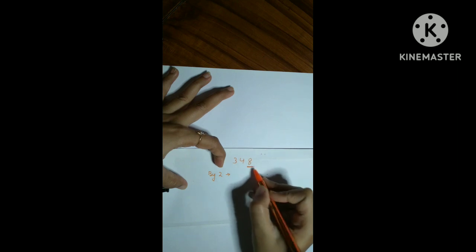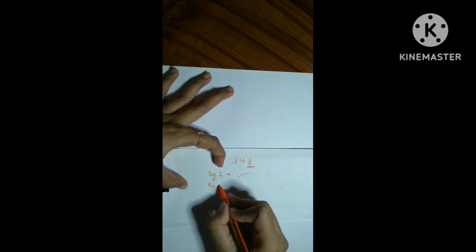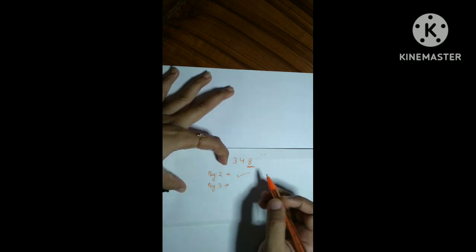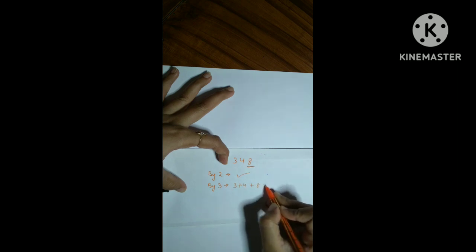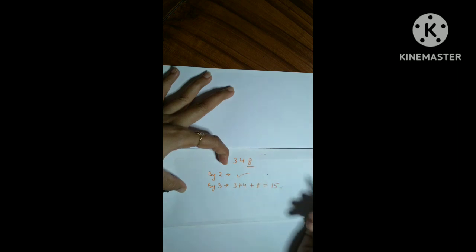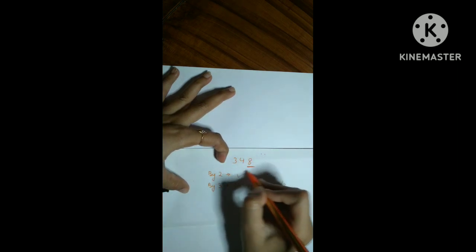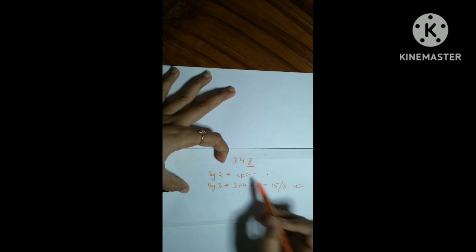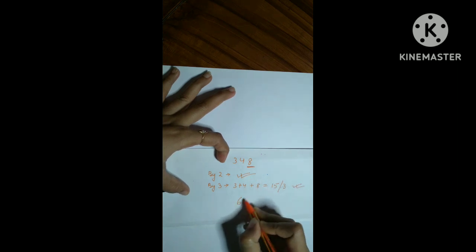So it is an even number, so it will be divisible by 2. By 3, the rule says if the sum is divisible by 3, the number will be divisible by 3. So let us take the sum. This is also correct, and with 2 it is also correct. So if it fulfills both the conditions 2 and 3, it will be divisible by 6 as well.